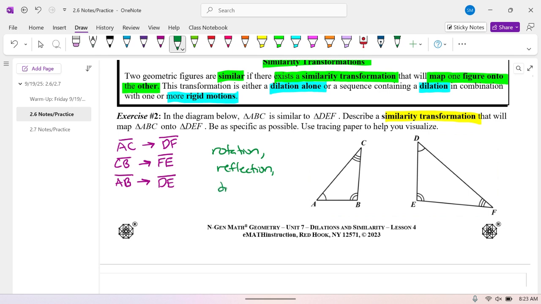Definitely a dilation. All right. So the rotation and the reflection would produce the congruent figures. But then as soon as we do that dilation, that's when it becomes similar, not congruent anymore.